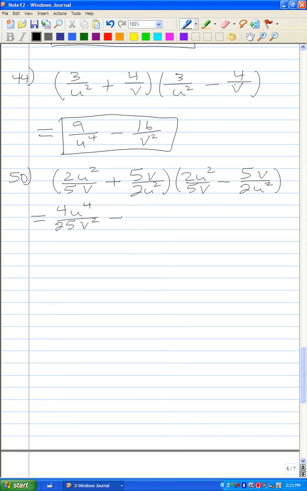Positive times negative is negative. 5v times 5v, 25v squared. 2u squared times 2u squared is 4u to the 4. And that is your answer. Let me do problem number 52.